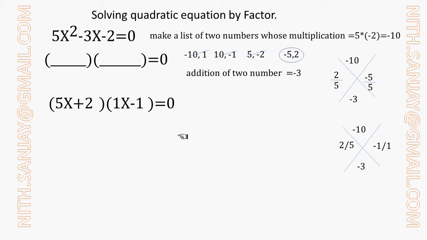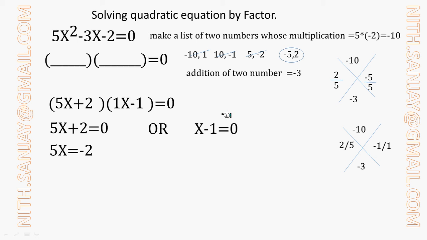Now to solve this quadratic equation, I have to put both this factor and this factor equal to 0. So 5x plus 2 is equal to 0, or x minus 1 is equal to 0, because 1x is equal to x. Now I will subtract 2 from both sides of this equation. It will come out to be 5x is equal to minus 2.